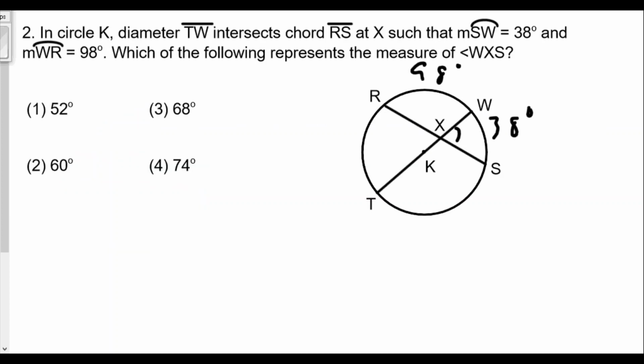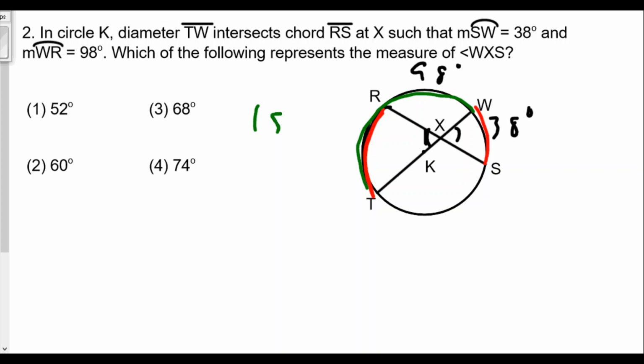So we want to find this arc here, because that's the arc intersected by angle WXS, but we also need to find the arc that's intersected by its vertical, angle RXT. This arc here. Ooh, I'll use red instead. Okay, so now, we don't know the arc, but we do know that we have a semicircle, and that's 180 degrees.